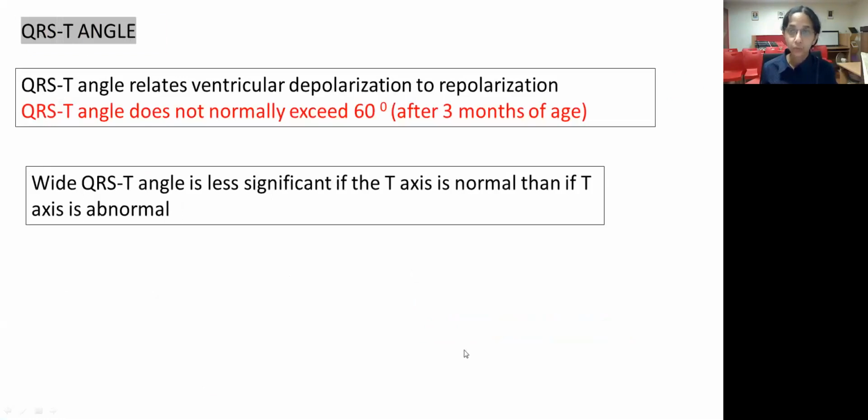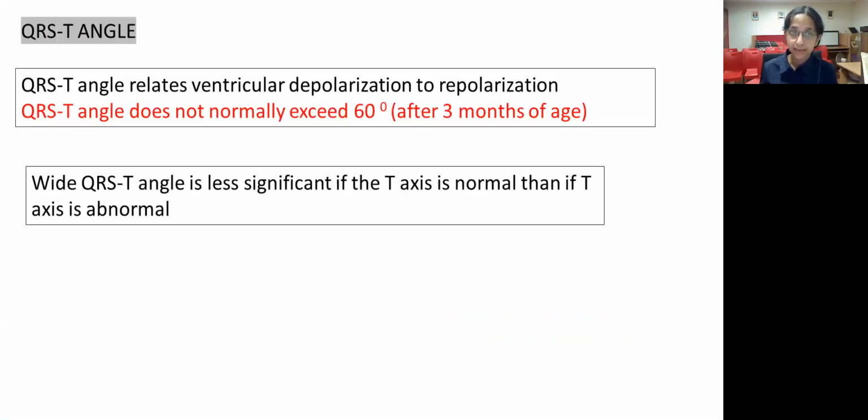So you find the QRS axis, you find the T axis, and then you find the angle between the QRS and the T axis. As we know, the QRS and the T wave move together, and hence you should not have your QRST angle more than 60 degrees. If it is wider, then it is abnormal and it indicates some issues with ventricular depolarization and repolarization.